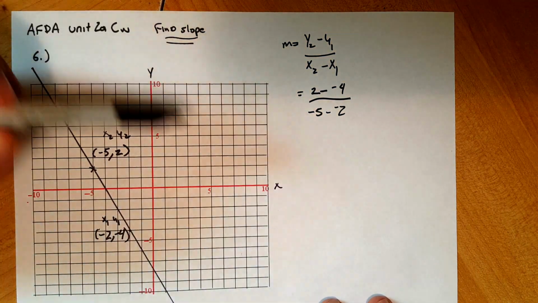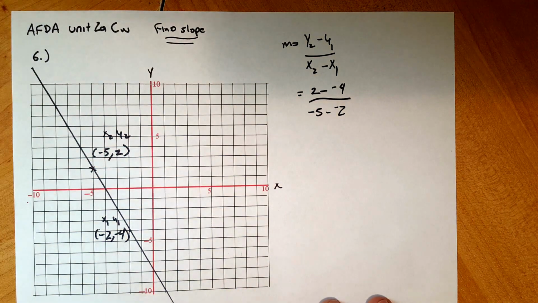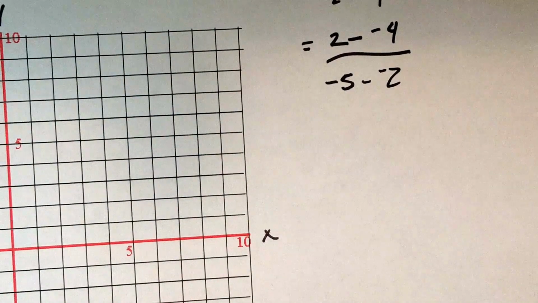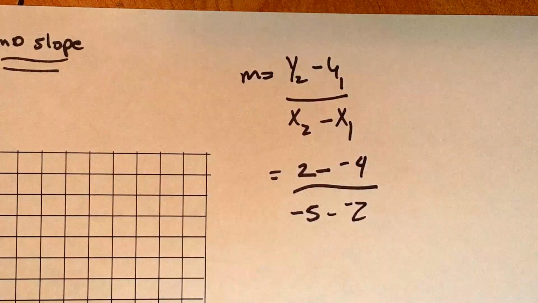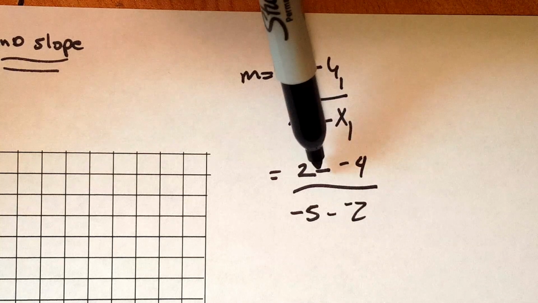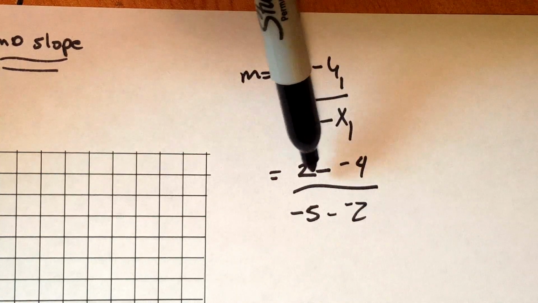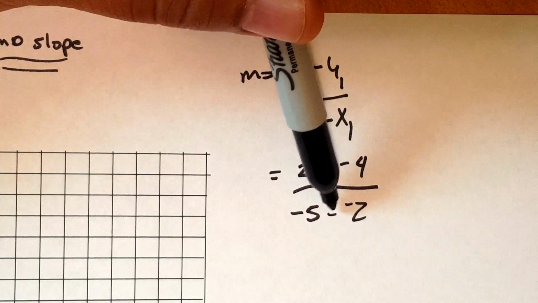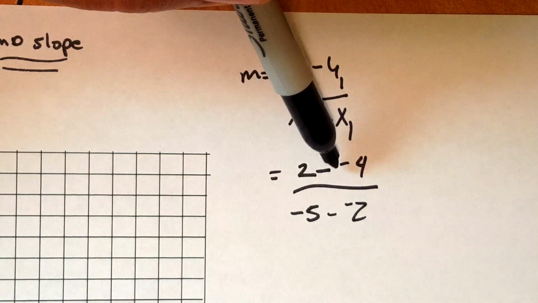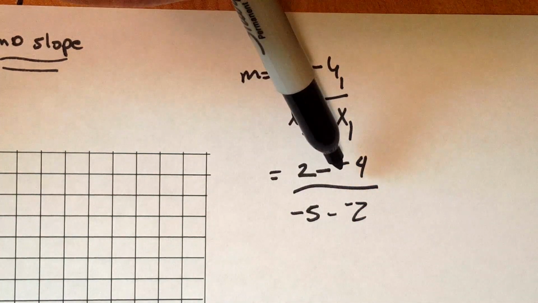One thing I need to point out where some of us made mistakes during the week was right here: we're subtracting that coordinate, so we have to keep that negative sign there. So it's minus that negative, minus that negative. One of the things we made a mistake with this week, we would just put one of these here and then subtract.